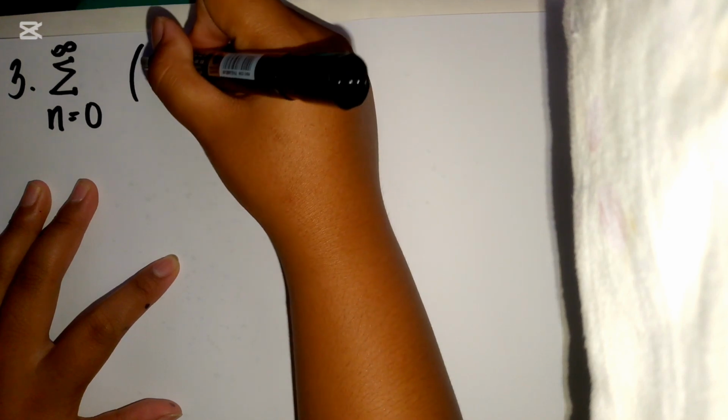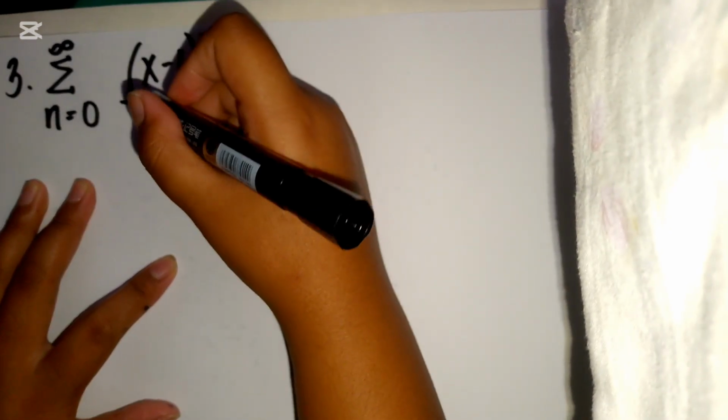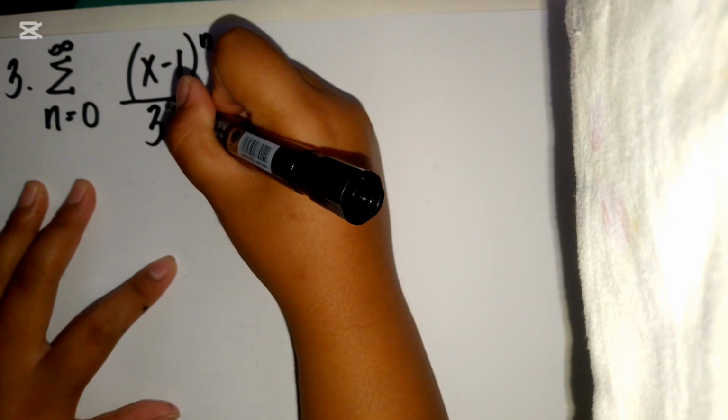Now let us proceed to the next example. Our given will be the summation of x minus 1 raised to n over 3 raised to n as n approaches infinity. Now, you can try it on your own, as you can see in example number 1 earlier.